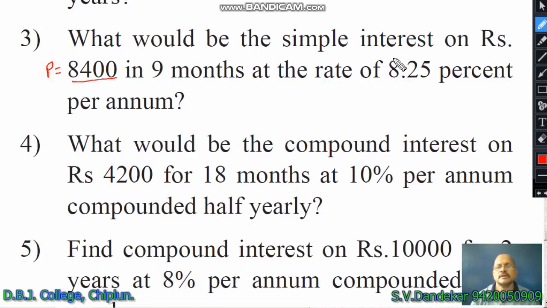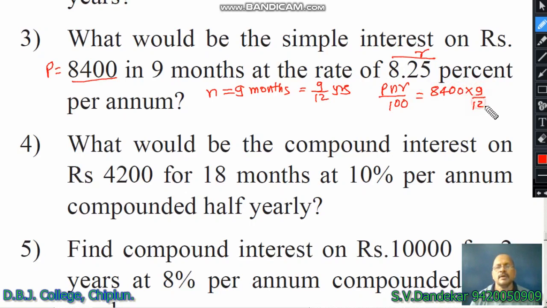Rate of interest R is 8.25 and the time or period is N equal to 9 months. 9 months means 9 upon 12 years, and we are going to replace this 9 by 12 in the formula PNR upon 100, and that will give us the answer 8,400 into 9 by 12 into 8.25 completely divided by 100.